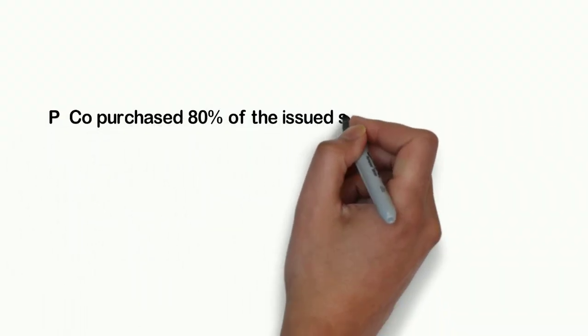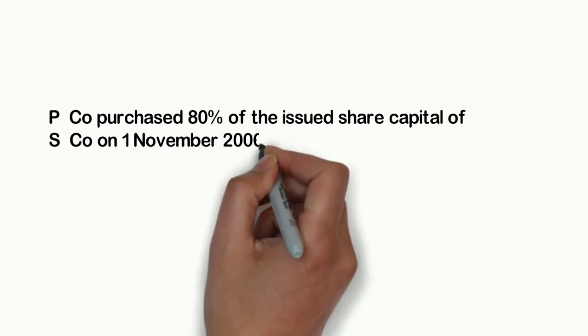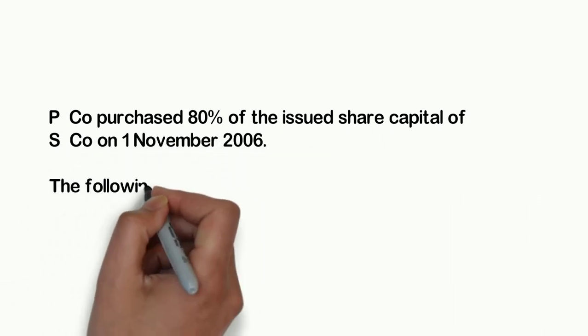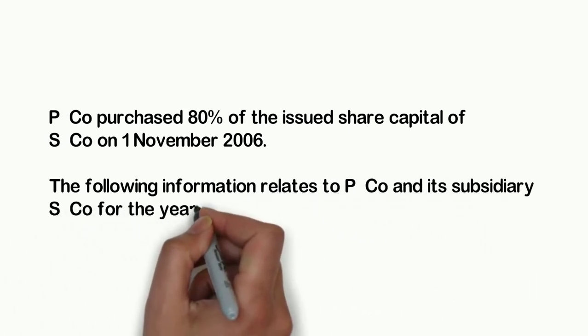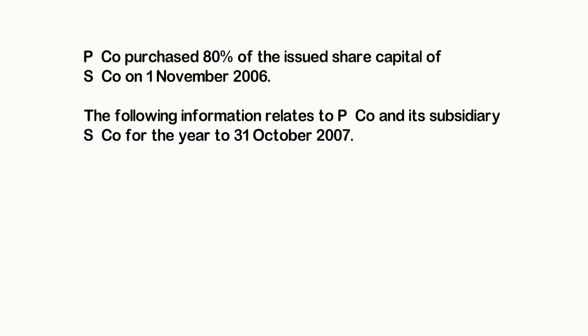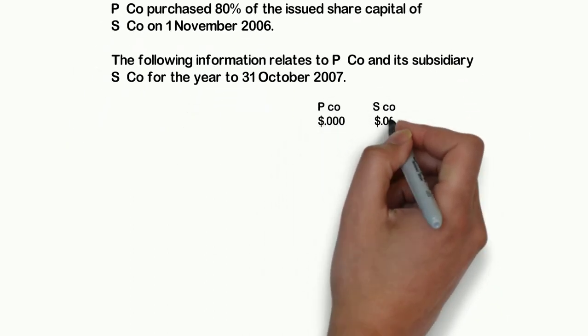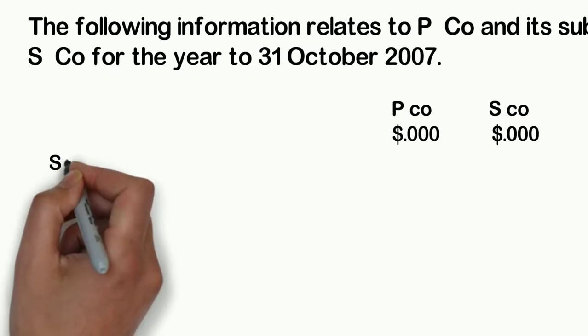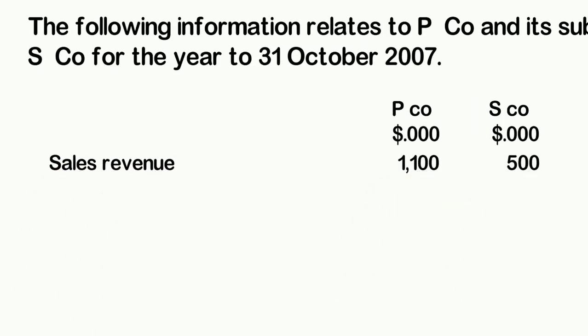P Company purchased 80% of the issued share capital of S Company on November 1, 2006. The following information relates to P Company and its subsidiary, S Company, for the year to October 31, 2007. The sales revenues are $1,100 and $500 for P and S respectively.